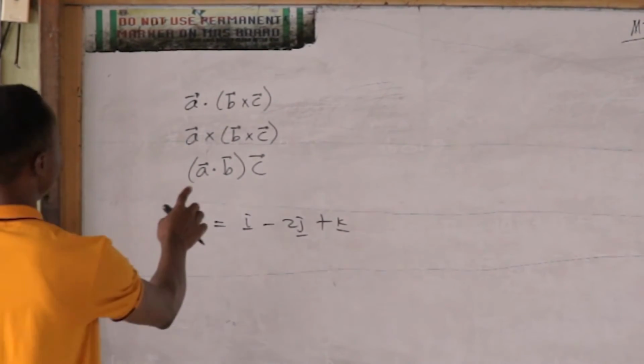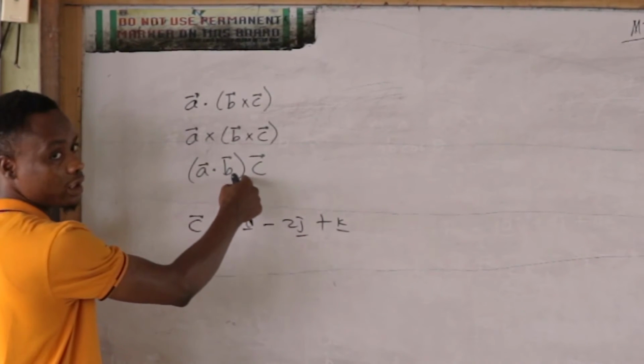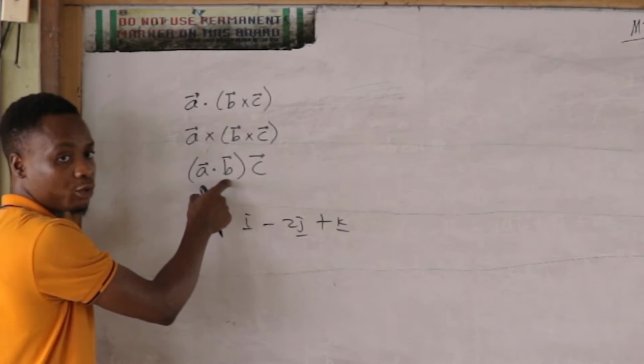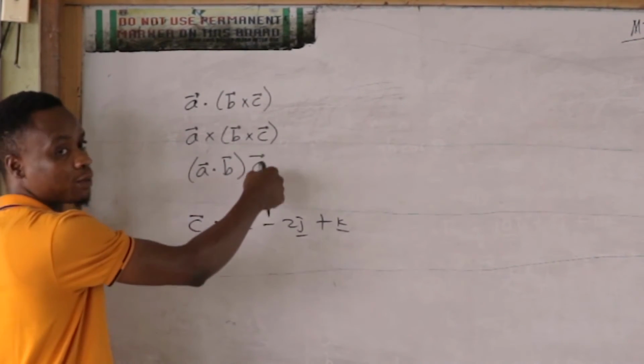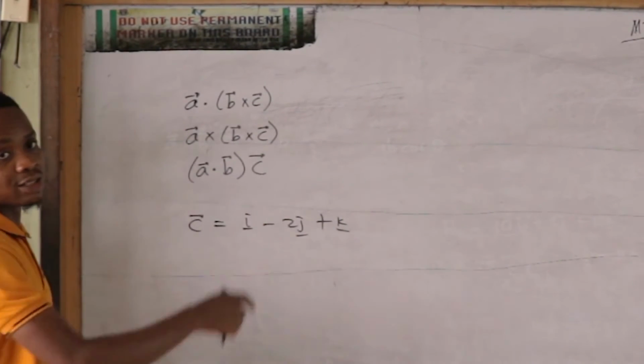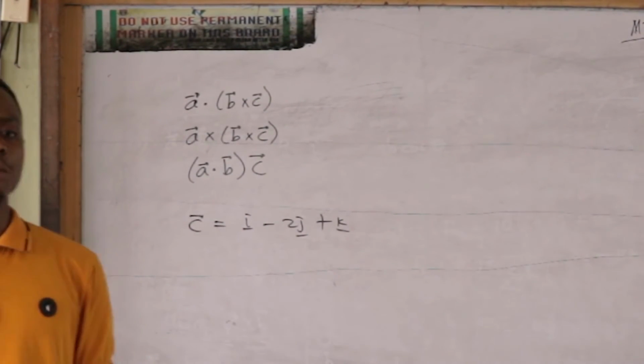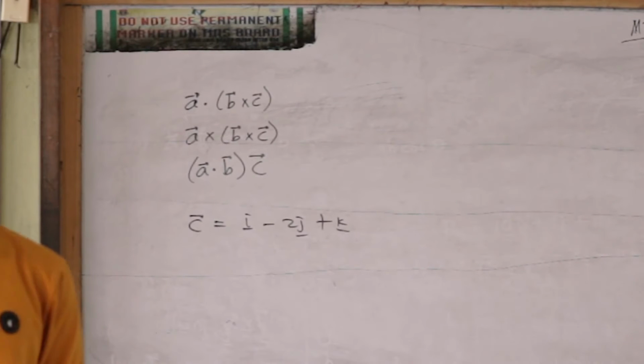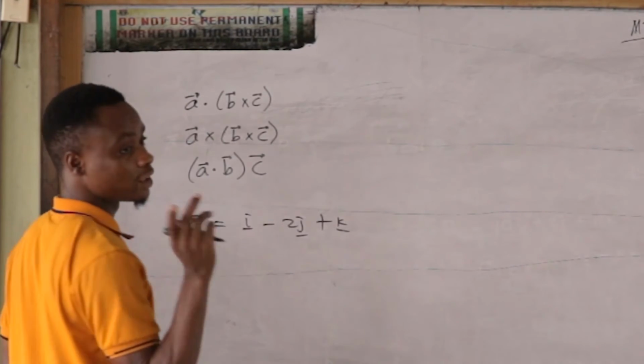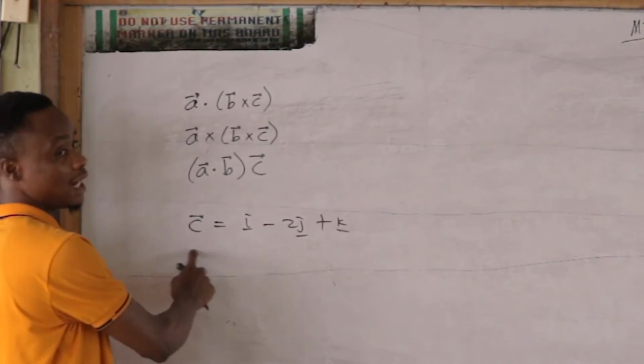This third one simply means, no, there's no operator here. I'm taking A dot B, which will give me a scalar, then I'm using it to multiply this vector. Does it make sense? So that's going to be a scalar multiple of the vector C. Is it clear? Alright, carry out all these operations one after the other, using the vectors A and B defined earlier, and this vector C.